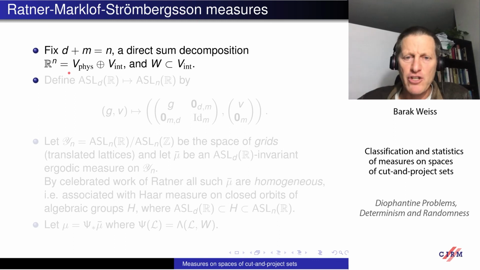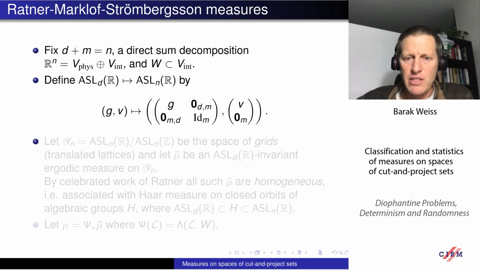This is a measure supported on cut and project sets. You fix the dimensions in the cut and project construction. You fix the direct sum decomposition into physical space and internal space. You fix the window. So the only data in the construction that I have not fixed here is the lattice, or either the lattice or the grid, that was used.